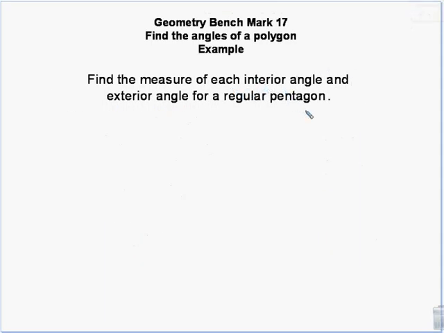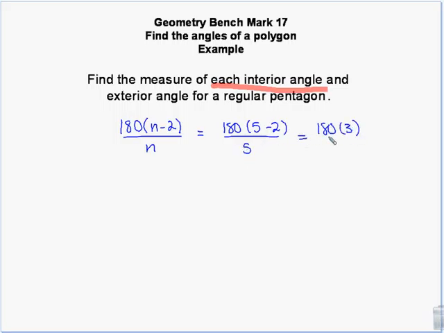Interior angle in a regular pentagon. Okay, so when it says each interior angle, that's when we have to use this formula. Okay, and it's a pentagon, so it has 5 sides. So it's 180 times 3 divided by 5.